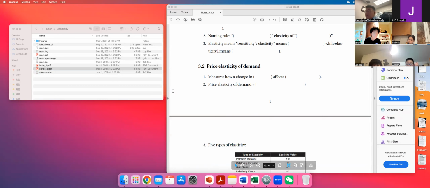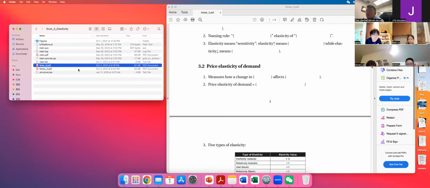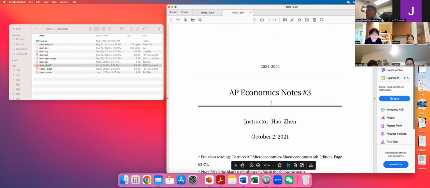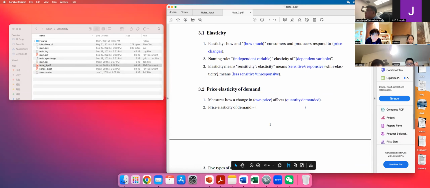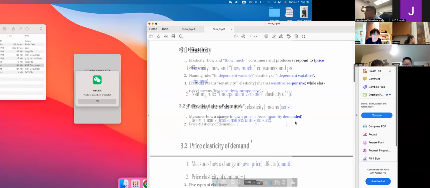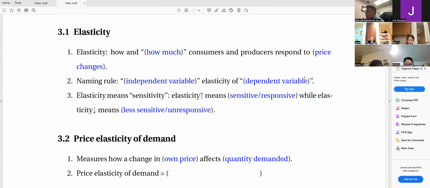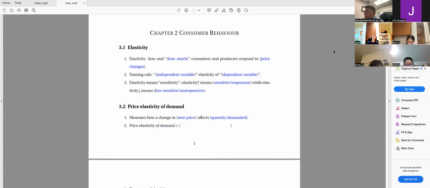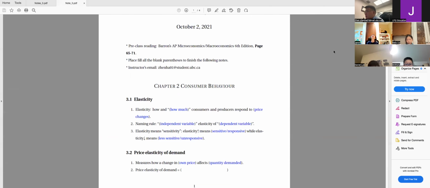Guys, in the chat box, you can get notes number 3. You can download notes number 3 from our chat box. Make sure you have the notes on your hand.